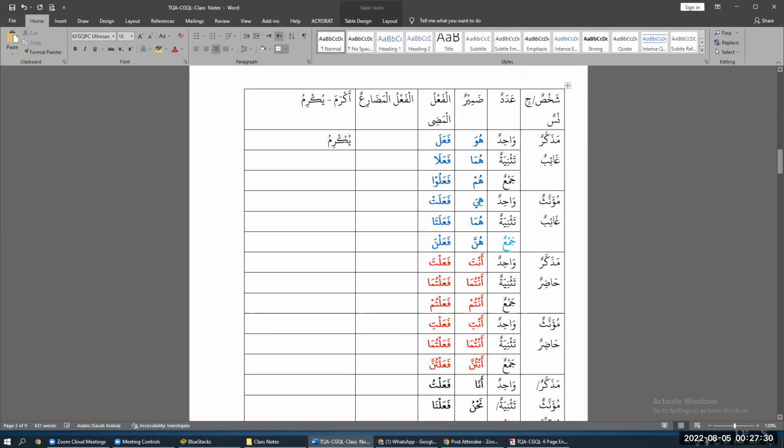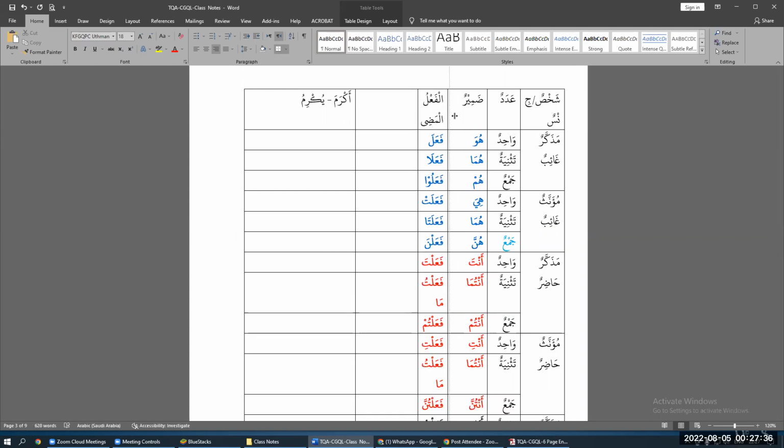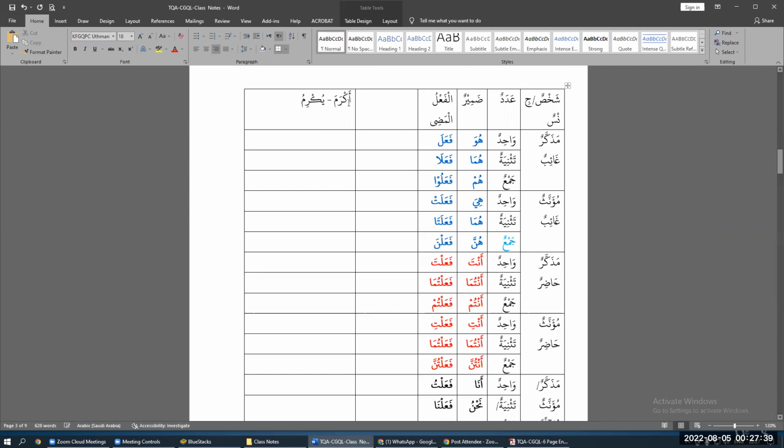Now, in page 1, the first verb that we have is fi'l madi, the past tense. First verb, what do we have? Nasara, yansuru. Please let me know if you face difficulties. Just write messages. Everybody remain mute, still I will be able to communicate.